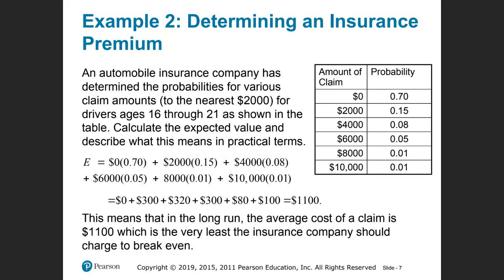So this means in the long run, when you combine all these and get the number, you get 1,100. So the average cost of a claim is $1,100, which is the very least the insurance company should charge to break even.